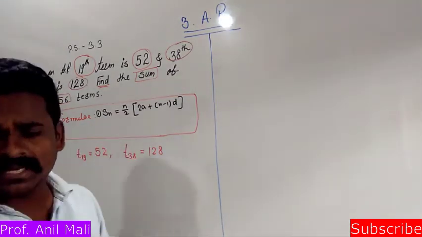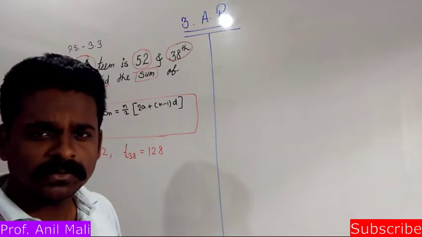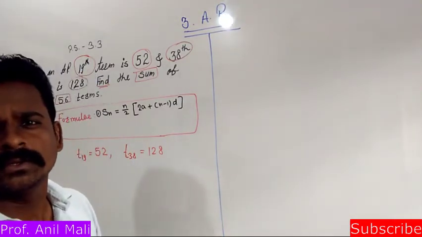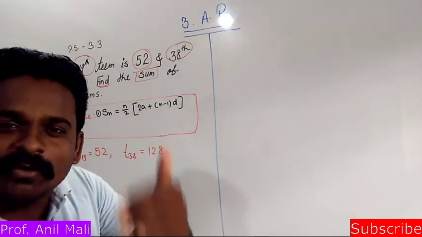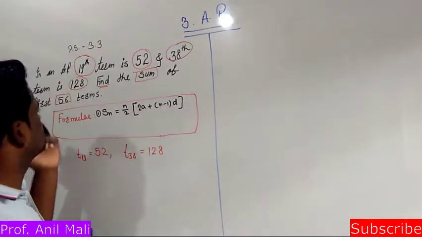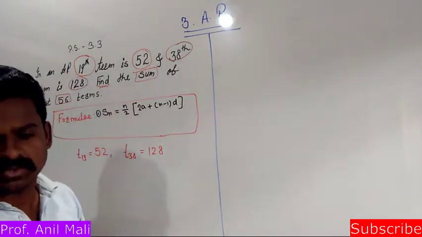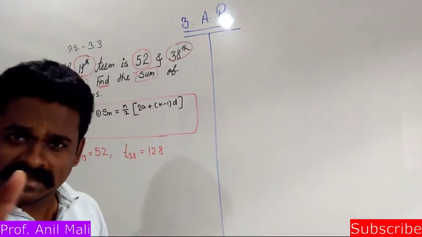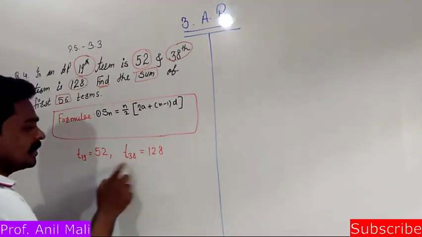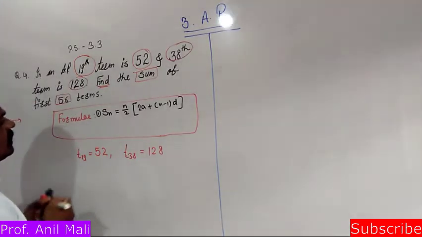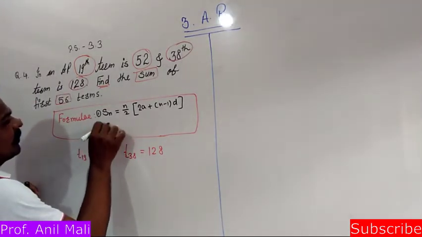Why have I written number 1? Because one more formula will be applied here, and with the help of that formula we will reach the sum of the first 56 terms. So what is the second formula, friends? The second formula is of the nth term.